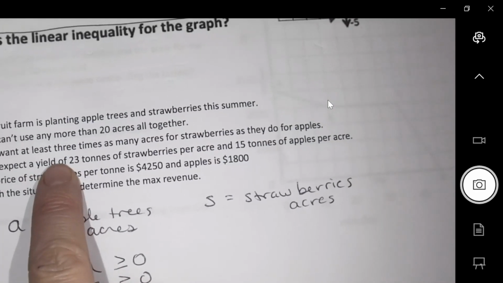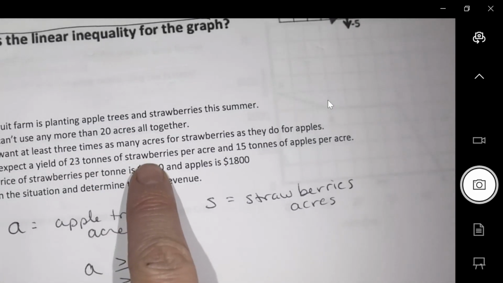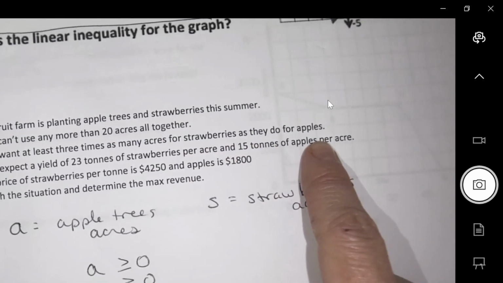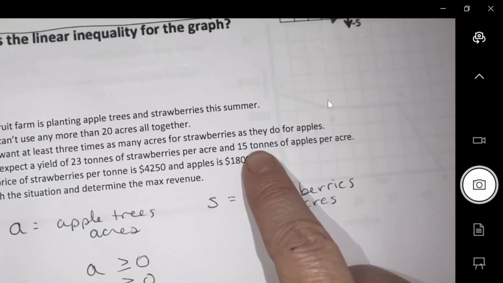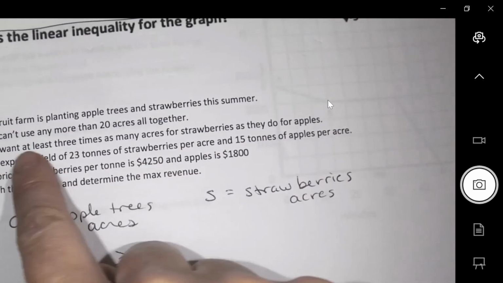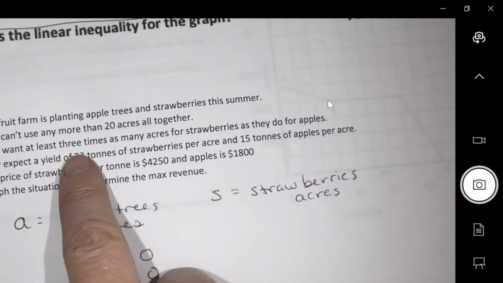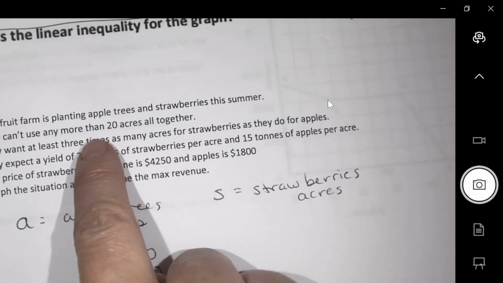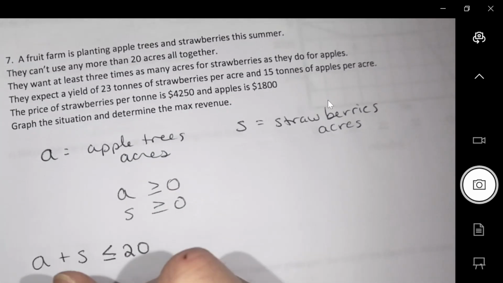Okay, they want at least 3 times as many acres of strawberries as they do for apples. So strawberries is bigger. So the strawberries are going to be triple the apples. I told you all the time, when you read that, the 3 sounds like the strawberries, but the 3 will go on the apples.